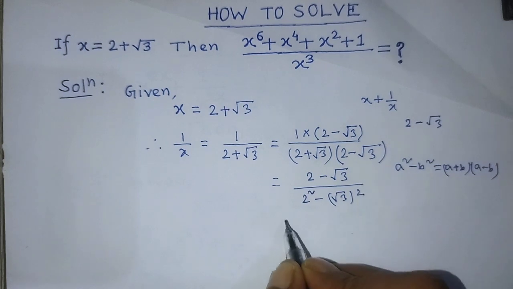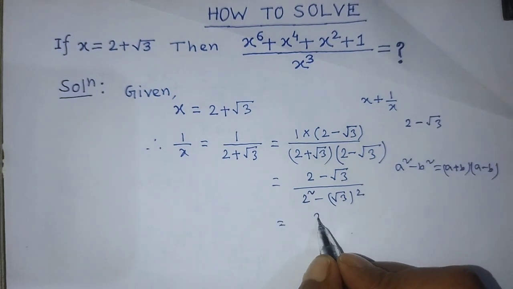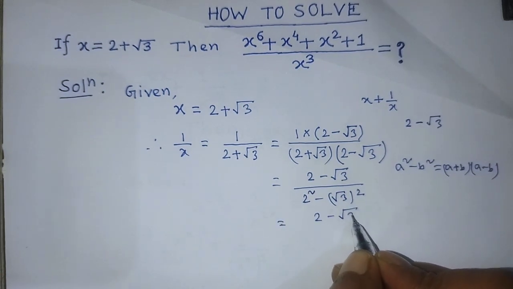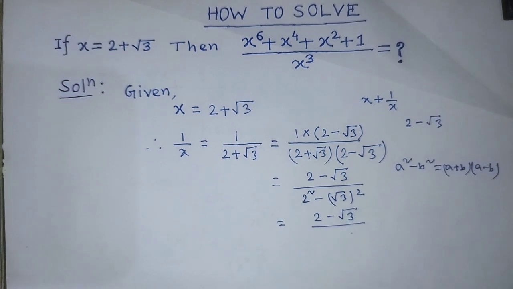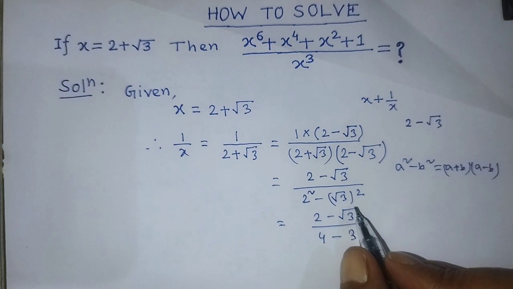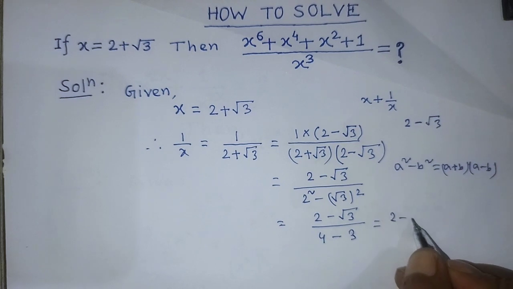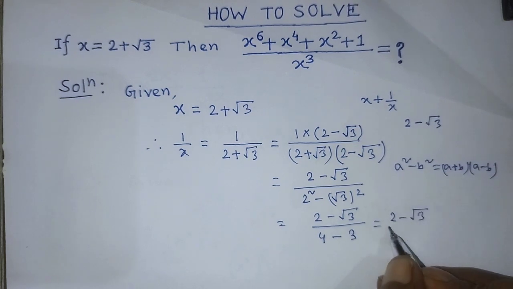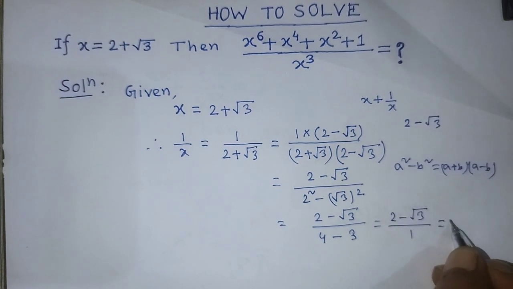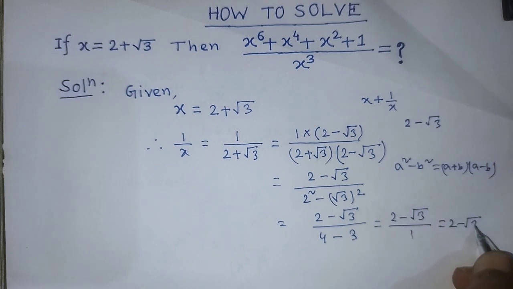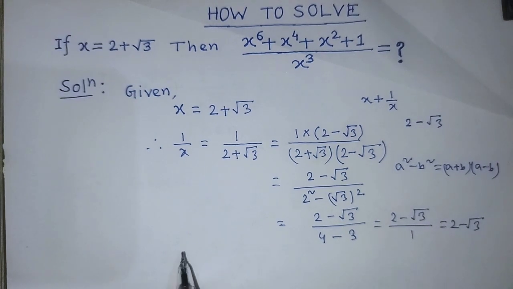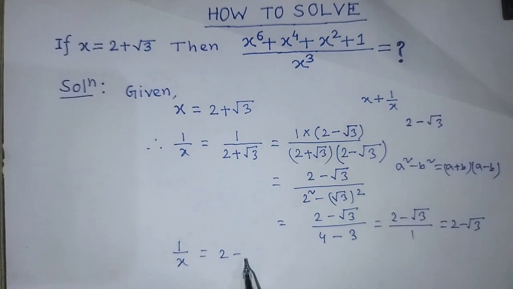So now we can write 2 minus square root of 3 over 2 square, that means 4, minus the square of root 3, which is 3. So we get 2 minus square root of 3 over 1, that is 2 minus square root of 3. So the value of 1 over x will be 2 minus square root of 3.